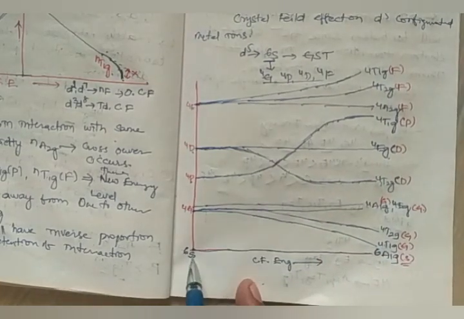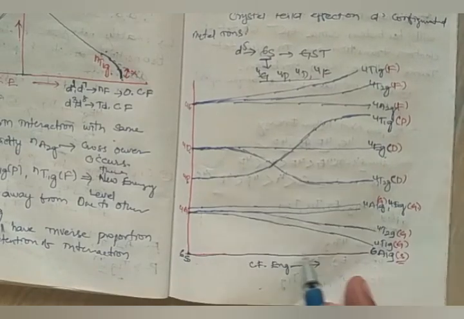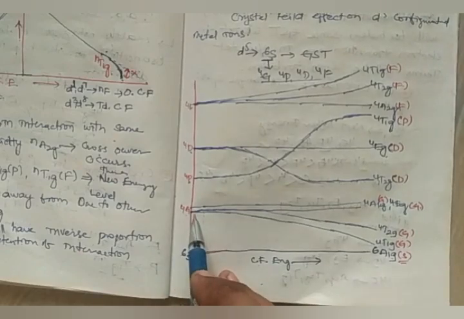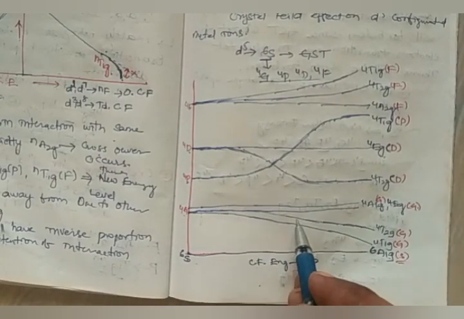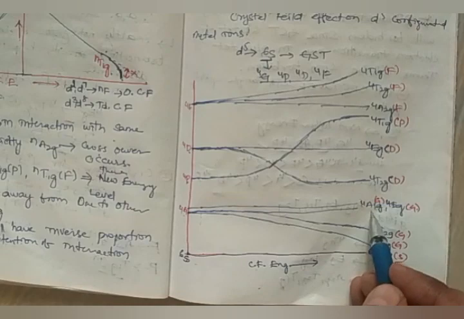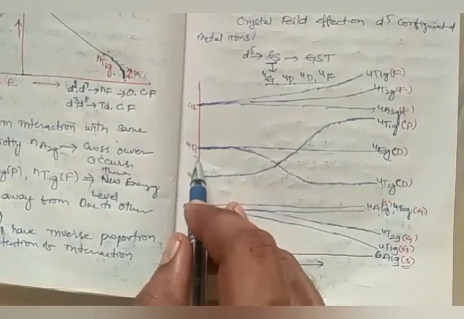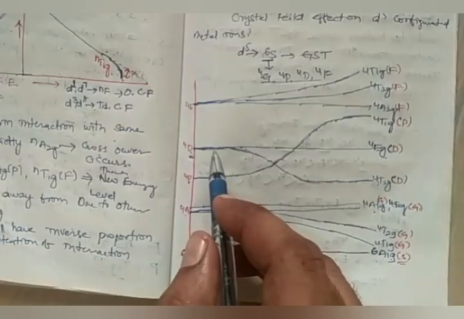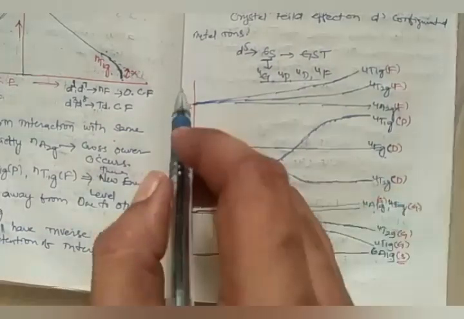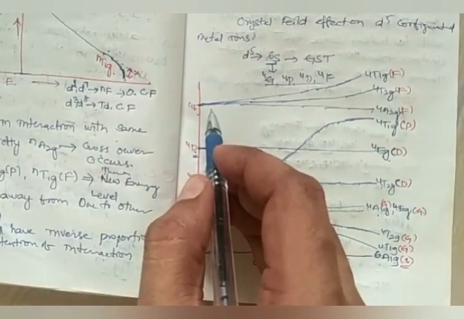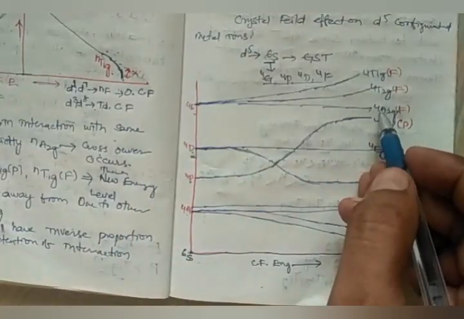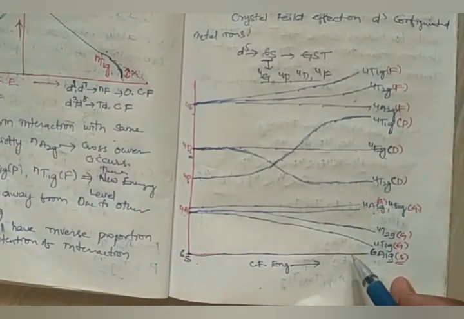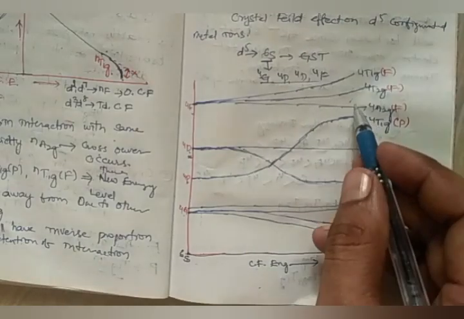So 6S has 6A1G, so that will be horizontal. The 4G also has an A1G as well as EG, so those also go in straight lines, and 4D also has an EG, thus EG we have to show in a straight line, and in 4F there is an A2G, which we also show in a straight line. Thus all 5 lines will be straight lines, 1 2 3 4 5, right?